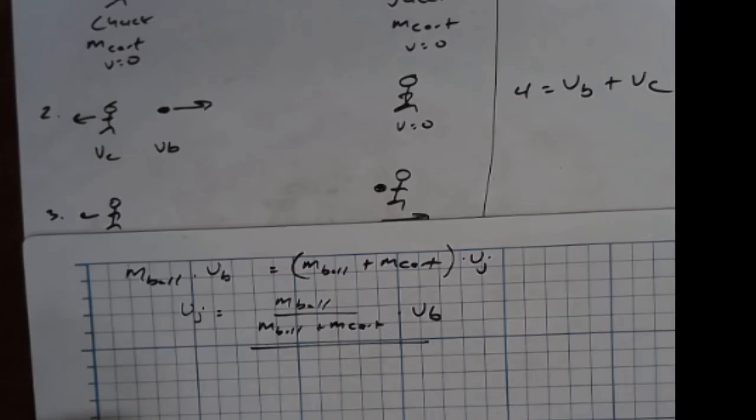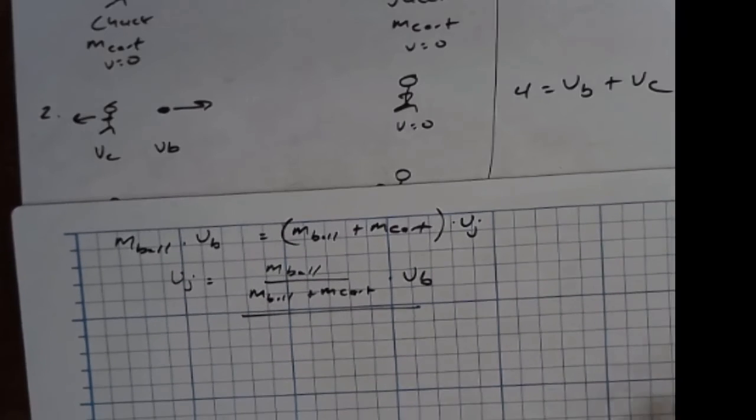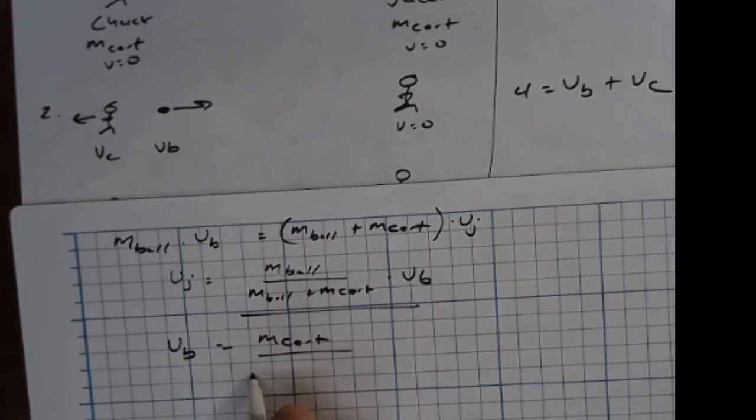That's actually the one I'm going to write down again. So this earlier result I got was that the velocity of the ball equals the mass of the cart over the mass of the ball plus the mass of the cart times u. So this is the velocity of Jackie in terms of the velocity of the ball. I want it to be in terms of u. So I'm going to substitute this in right there.